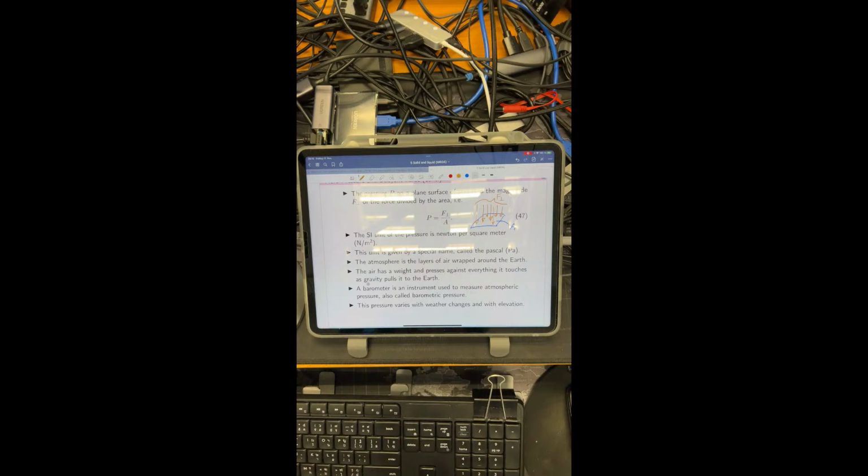The pressure doesn't care what type you are, and the air works due to the gravitational force. Gravity pulls the air to the earth.